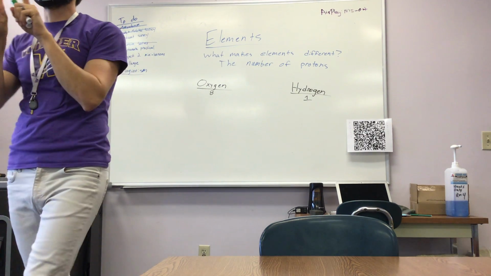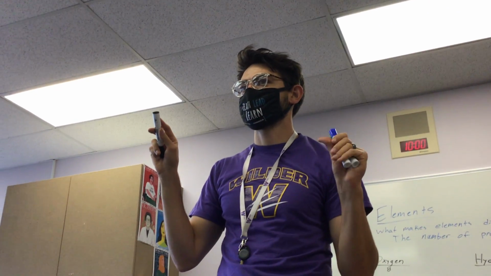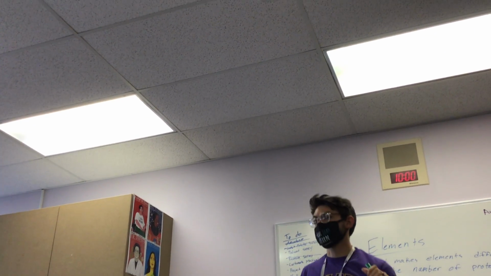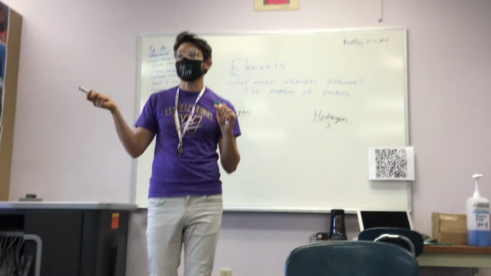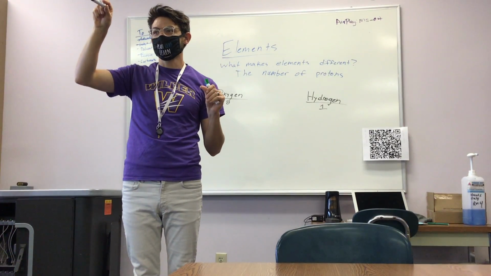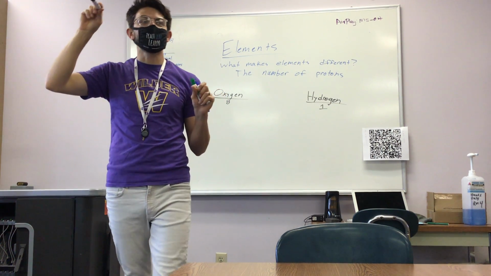What's the thing that makes each element different from each other? The number of what? Electrons. It's close, but it's not electrons. It's a different subatomic particle. The other one. Protons. The number of protons.